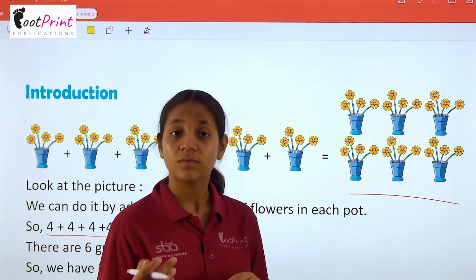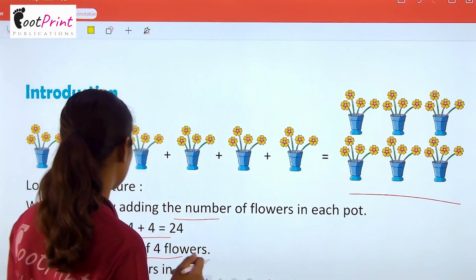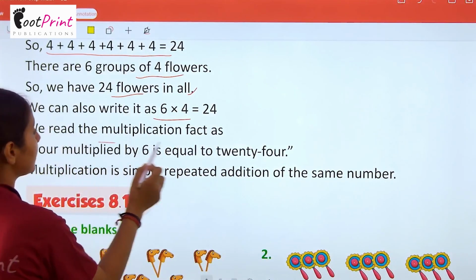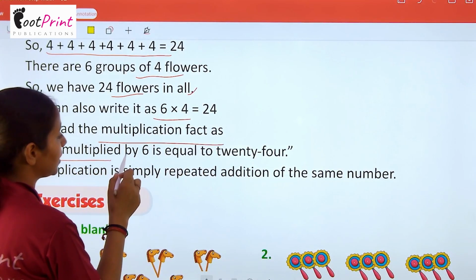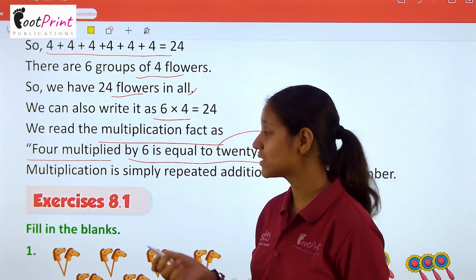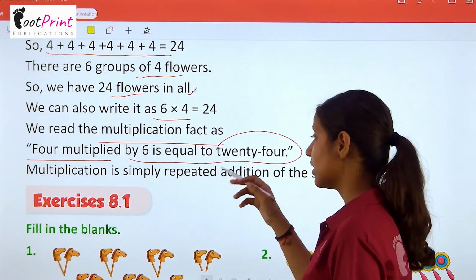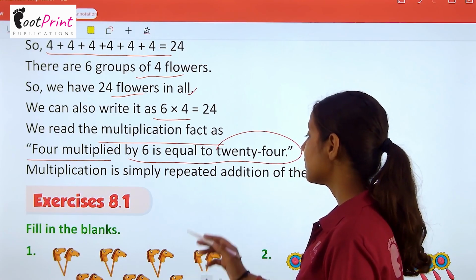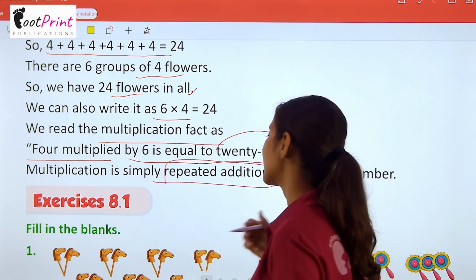That is why we say multiplication is repeated addition. We read the multiplication fact as 4 multiplied by 6 is equal to 24. Multiplication is simply repeated addition of the same number, as I mentioned above.